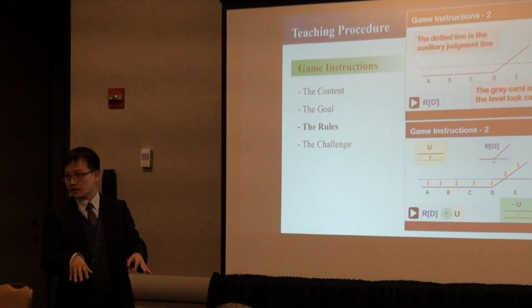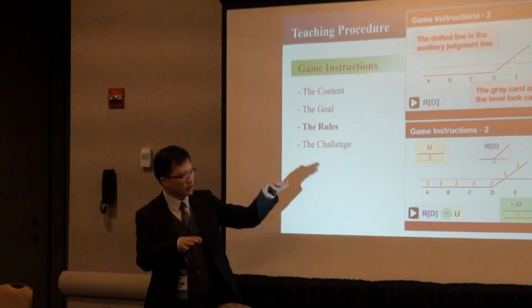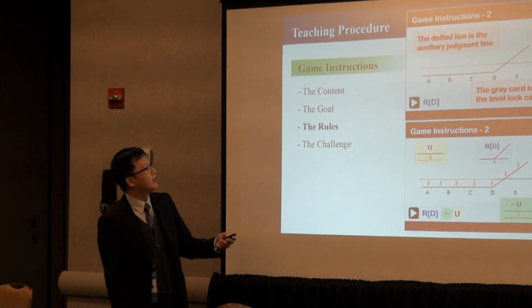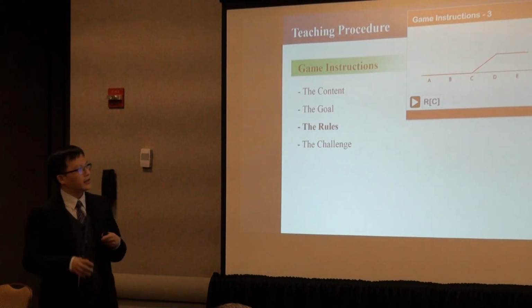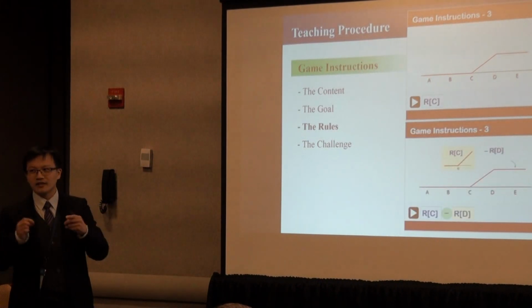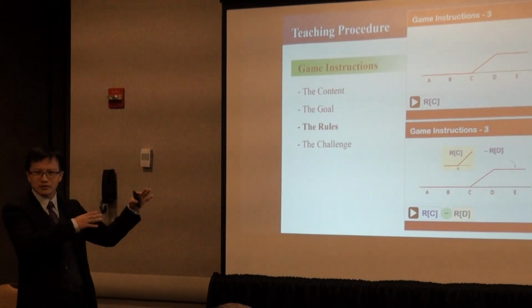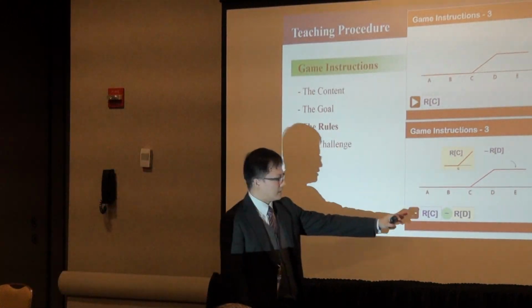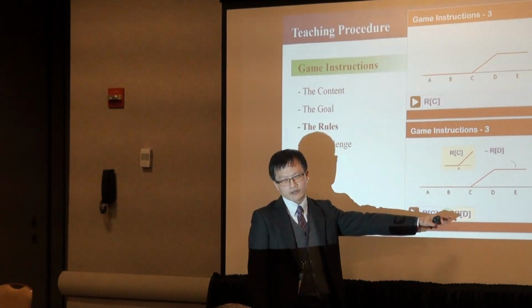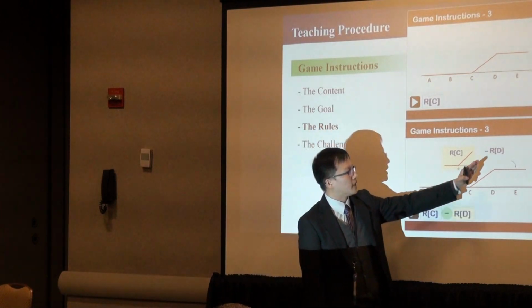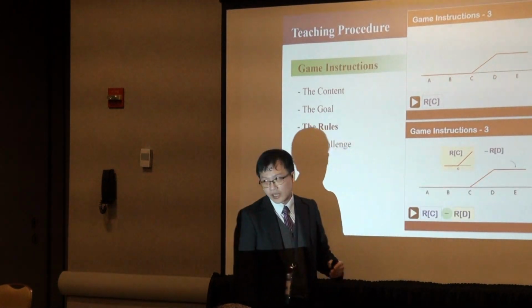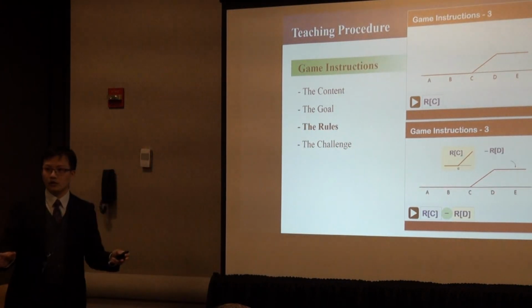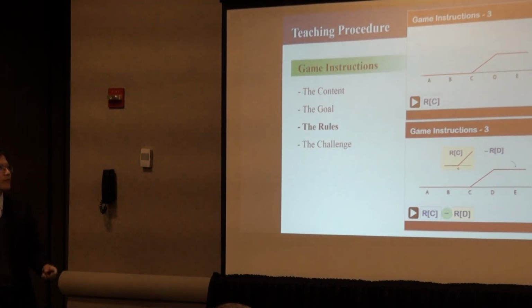So negative means the opposite direction, so we push the entire curve down. The third instruction emphasizes the negative connector again because it's more advanced. If you add the negative connector to the right card, it means you can change the angle down. So that's the whole instruction of the puzzle game.